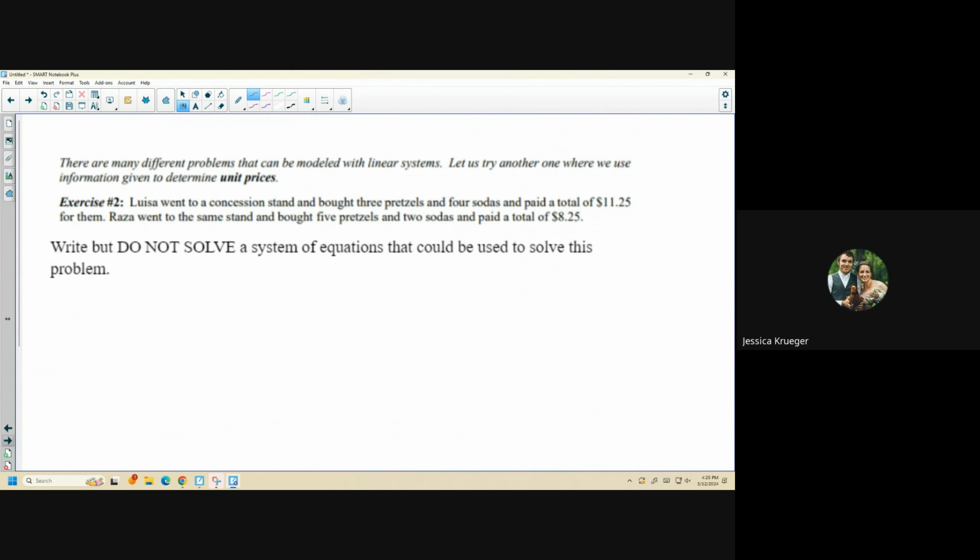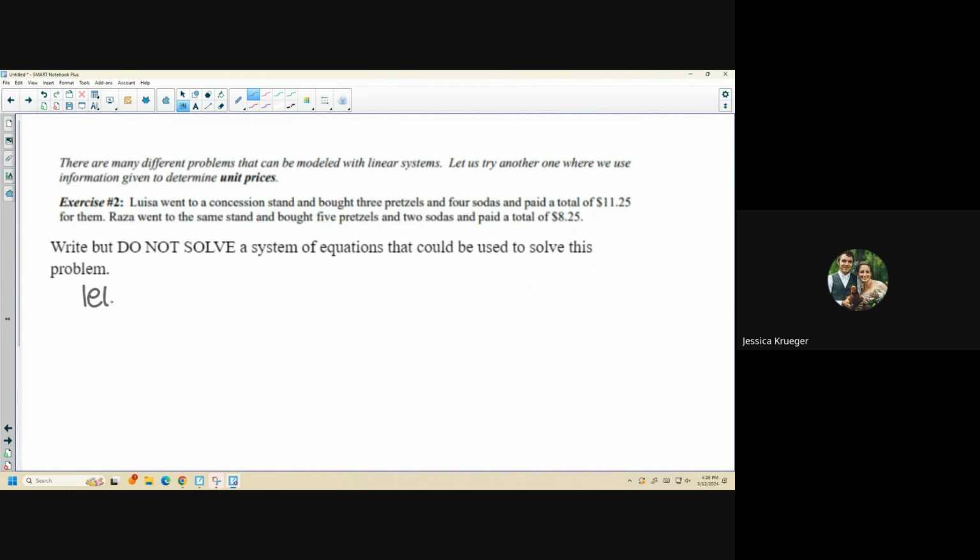Louisa went to a concession stand and bought 3 pretzels and 4 sodas and paid $11.25. Raza went to the same stand and bought 5 pretzels and 2 sodas and paid $8.25. Right? But do not solve a system of equations that could be used to solve this. So what we don't know is how much a pretzel is and how much a soda is.